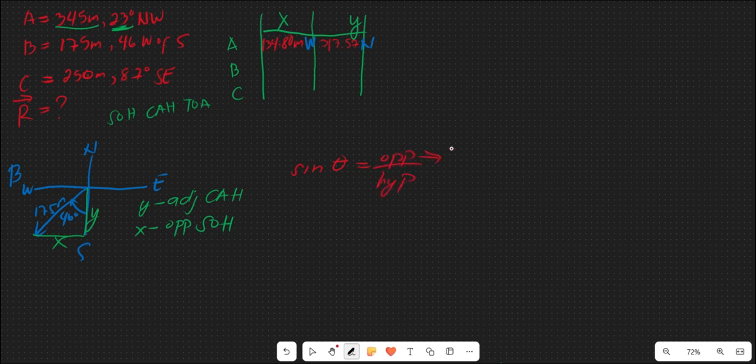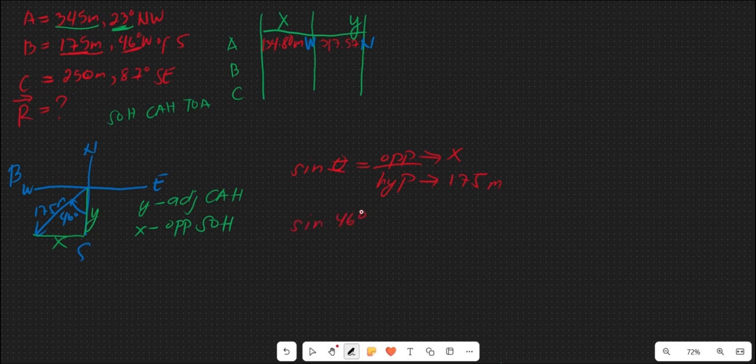And our opposite here is the x because it is the opposite side of the angle. And our hypotenuse is the given 175 meter magnitude. And theta here is the given theta, which is 46 degrees.